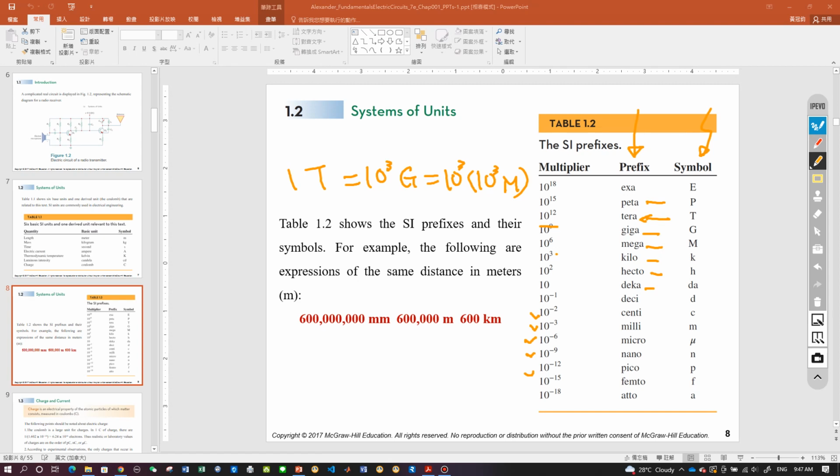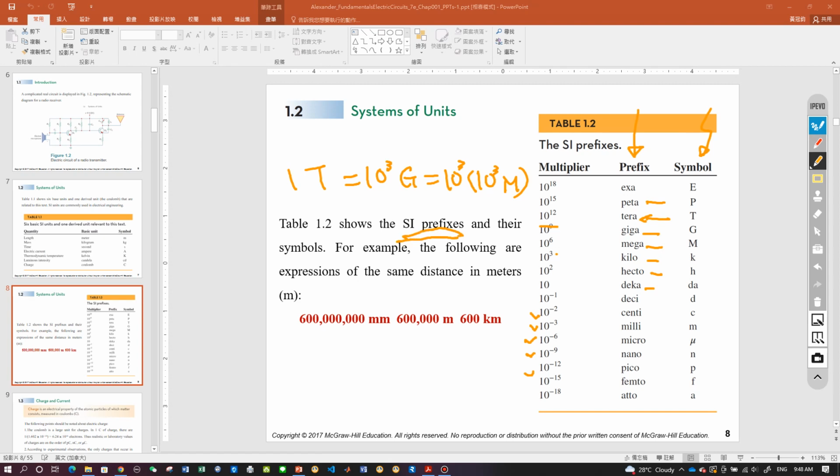It is possible in some quiz I will ask you this one: 10 to the 12 is which one? Is it tera or is it mega? What's the multiplier? 我会问你说，你今天几mega，那有多少的东西啊？几mega的东西。So this is the SI prefix.